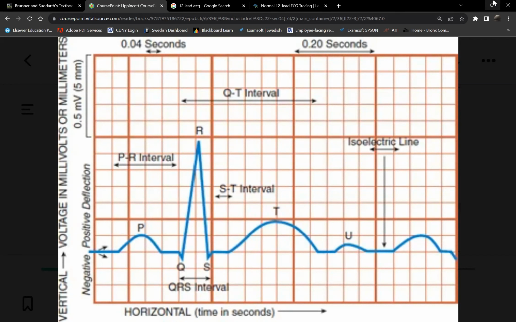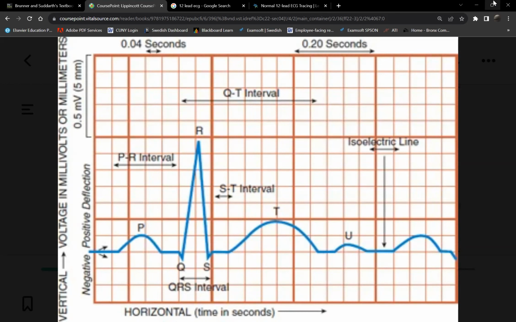Okay, so therefore, do we want to see a PR interval? Yes, we want to see a PR interval. However, will time ever be longer or shorter? Will 1 minute be longer than another? It'll be the same. So let's say in 60 seconds, since this is one heartbeat, PQRST, that's one heartbeat.